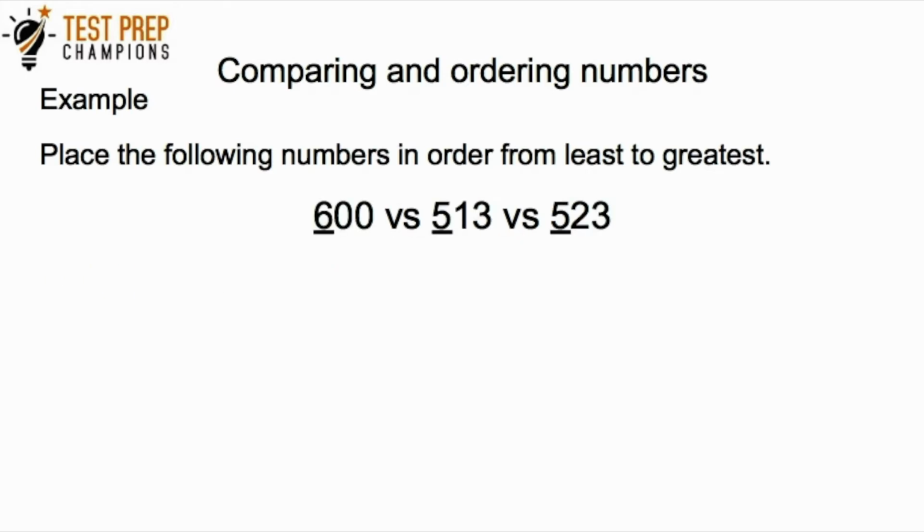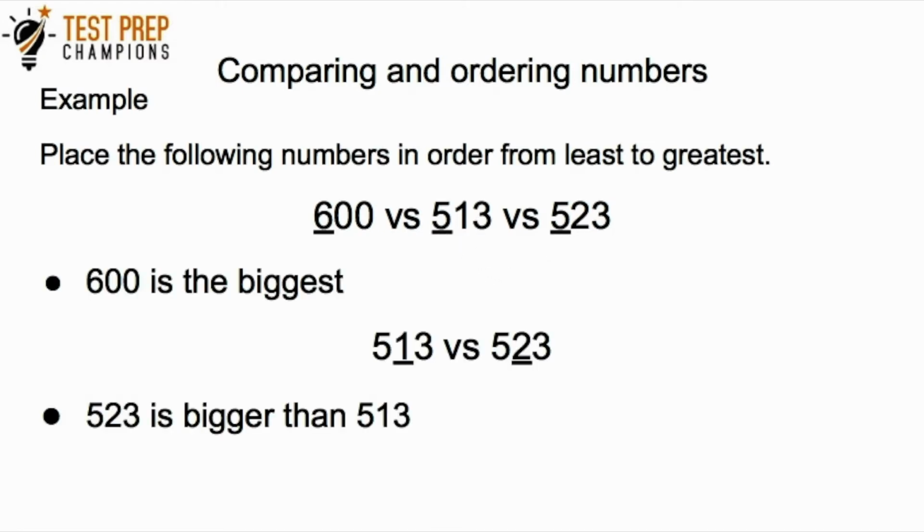Now we can do the same thing with 600, 513, and 523. We go left to right, and so going left to right means we would look at the 6 first, and the 5, and the 5. All right, so 6 is a bigger number than 5, so therefore 600 is the biggest number here. Now, when it comes to 513 and 523, we see with the first digit here, there's a tie. So therefore, we must go to the next digit.